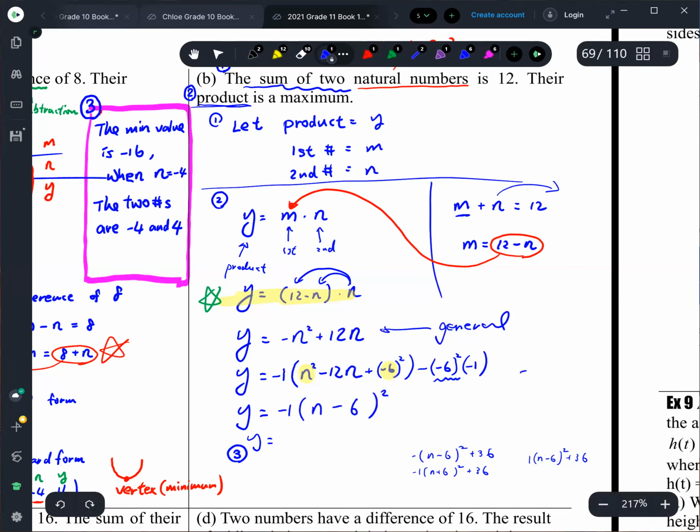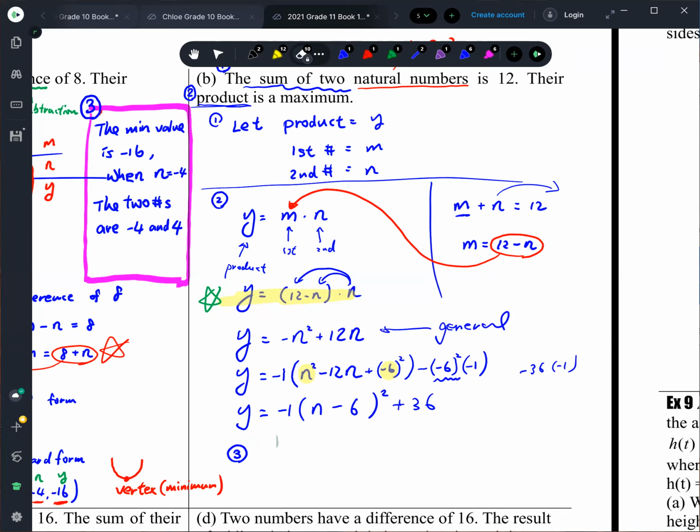So you have -36 times -1. So it'll give you +36, okay? So that's your Q. All right, so correct answer should be the first one, okay? Inside should be -6, so be careful, because that will affect your step 3, right?